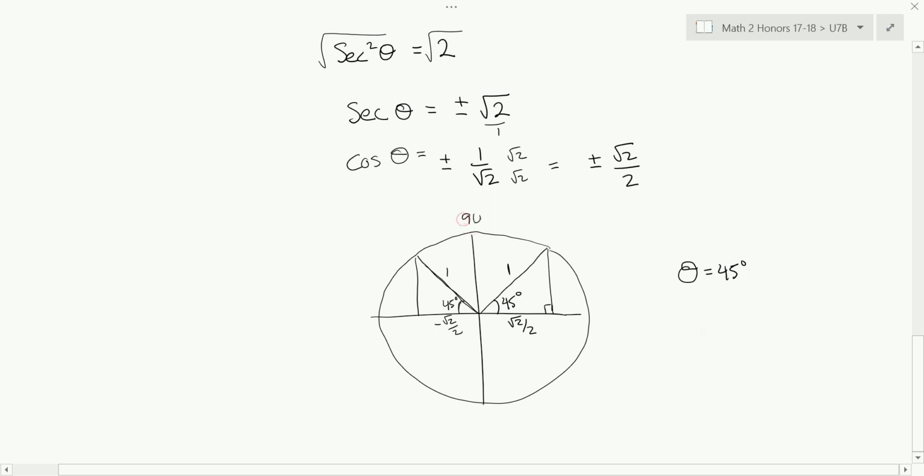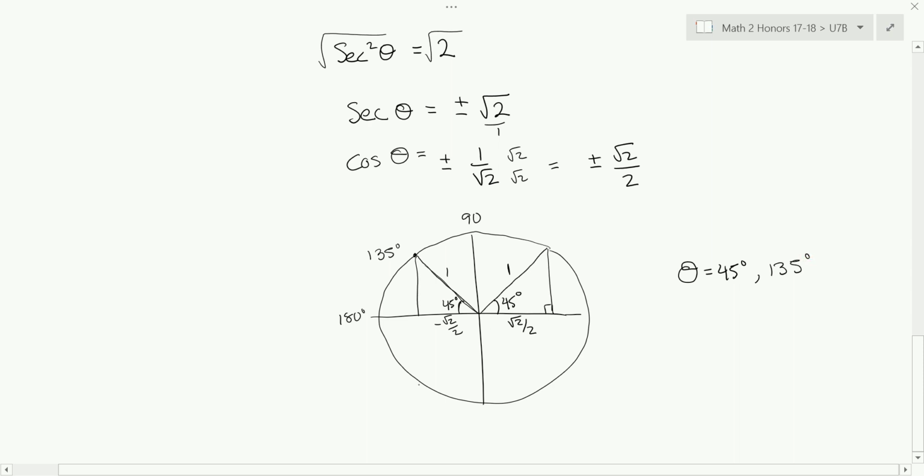This is 90 degrees up here, and this is 180 degrees over here, and so our angle's right in between them. So if I go back 45 from 180, I get 135. That would be the solution from quadrant 2.